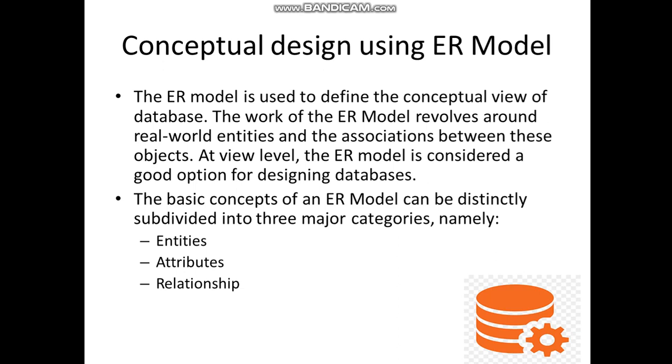The basic concept of an ER model can be distinctly subdivided into three major categories, namely entities, attributes, and the relationship. What is entity? Entity is nothing but a real world object which exists in the real world and which is having some properties. What are the attributes? Attributes are nothing but the properties of the entity, and relationship means what? The association between two entities.